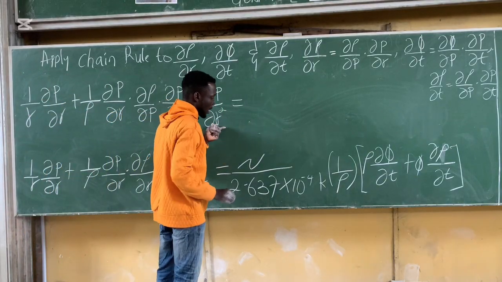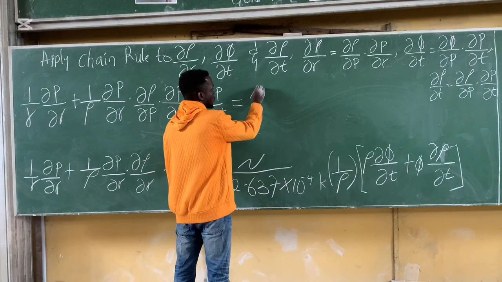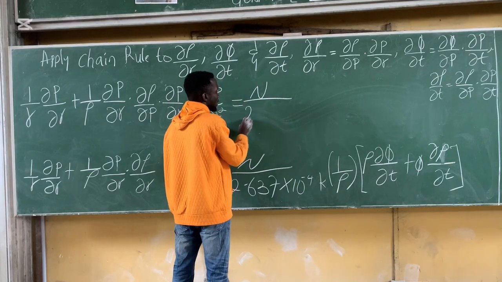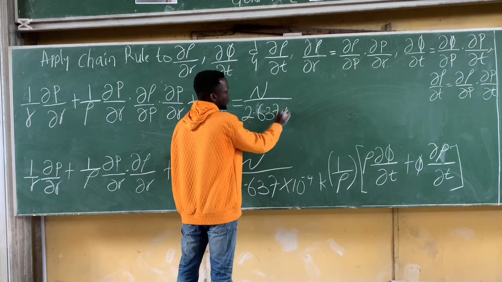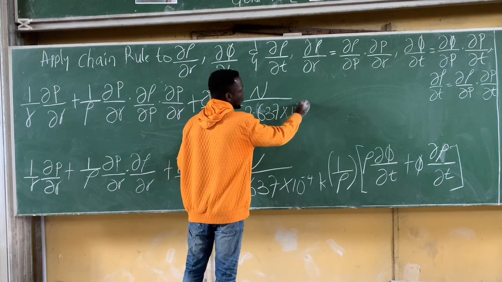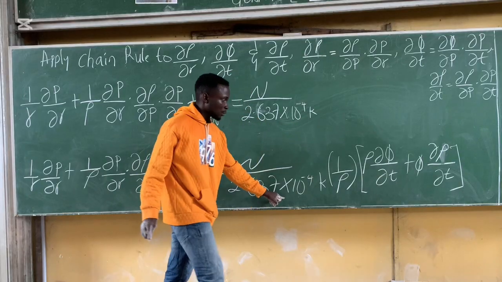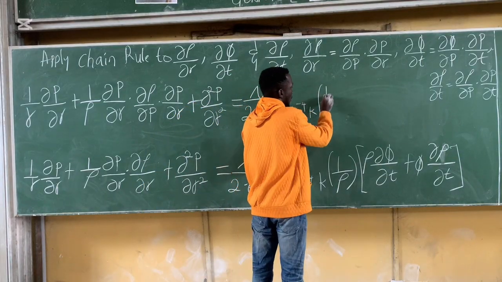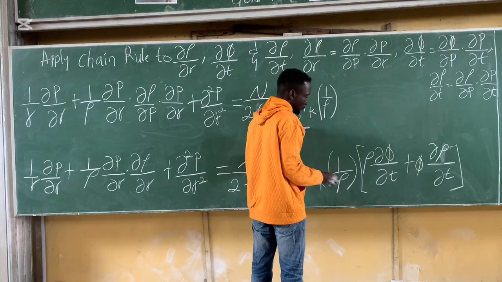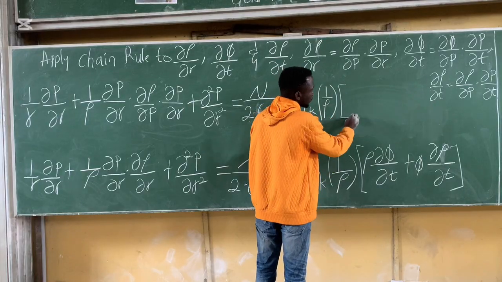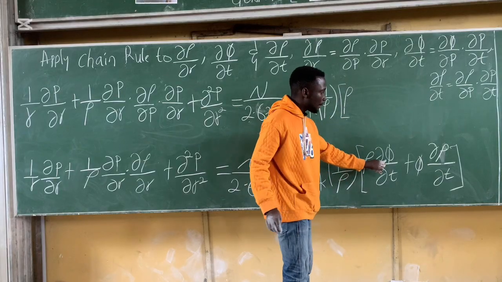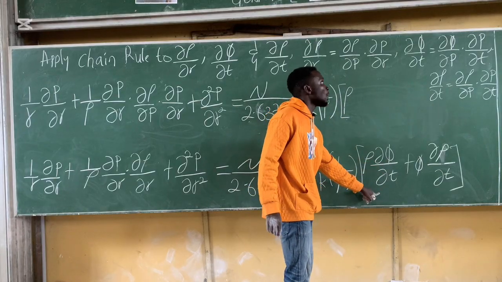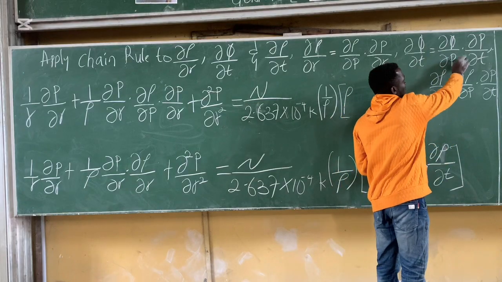So let's go to the right hand side. Right hand side, we are going to have mu divided by 2.637 times 10 raised to the power of minus 4k, which is this, multiplied by 1 all over rho into, now here we have dρ. We said that in place of dφ dt, we are going to substitute what? dφ dp and dp dt.